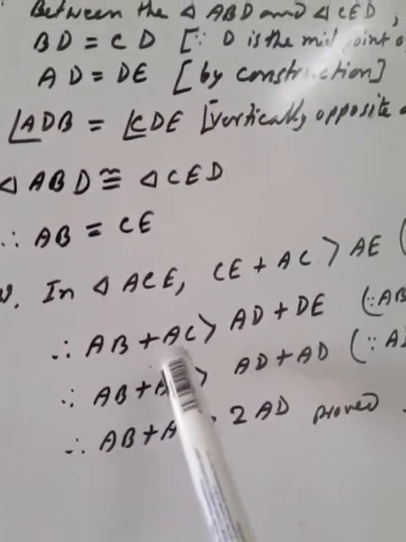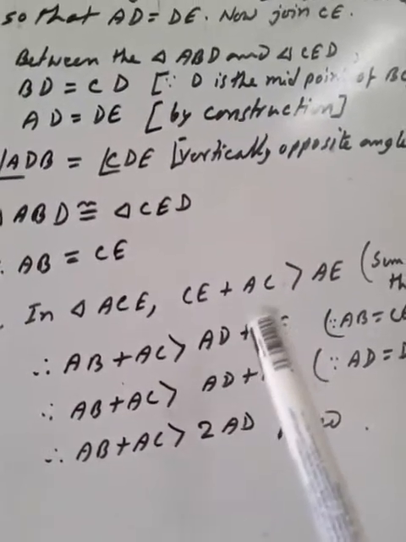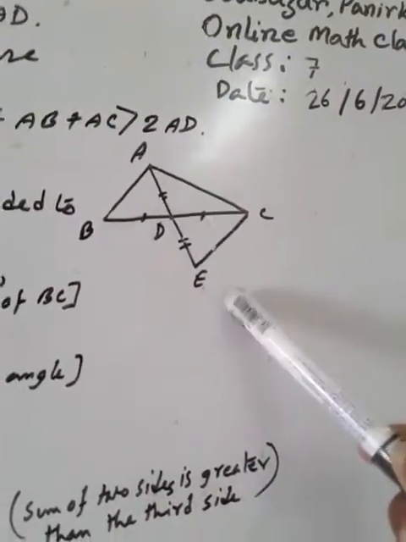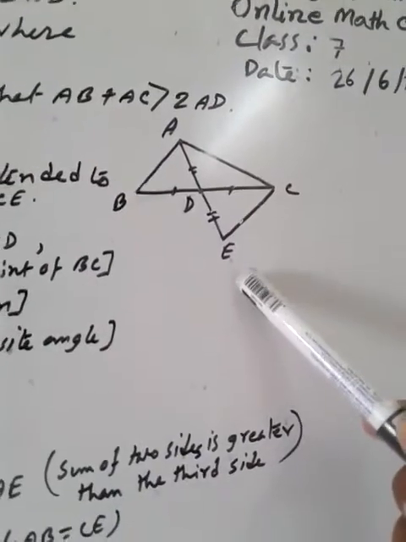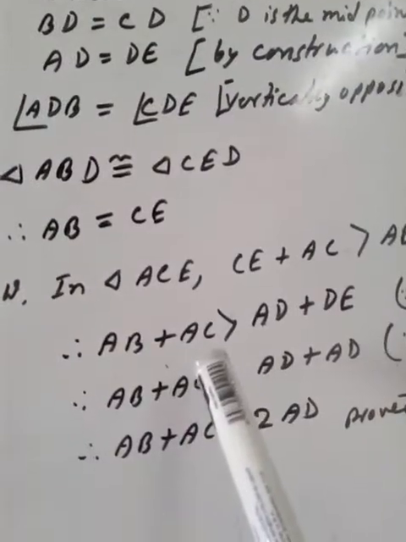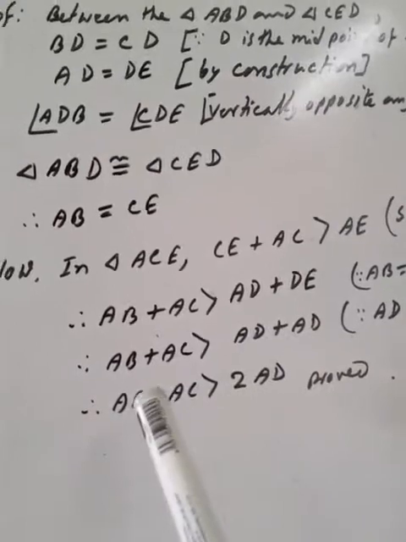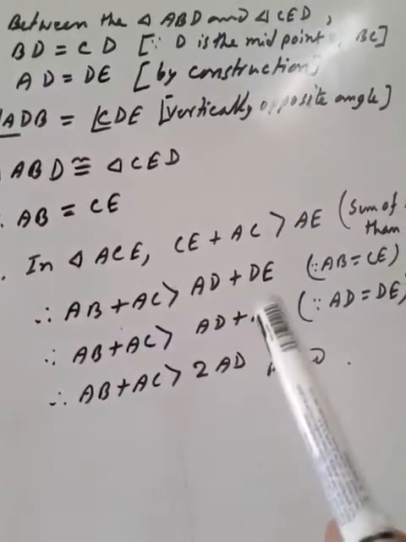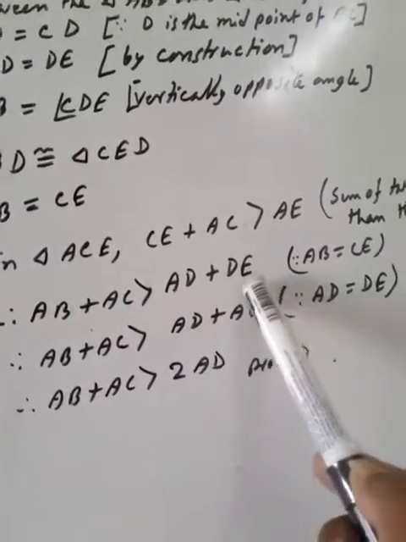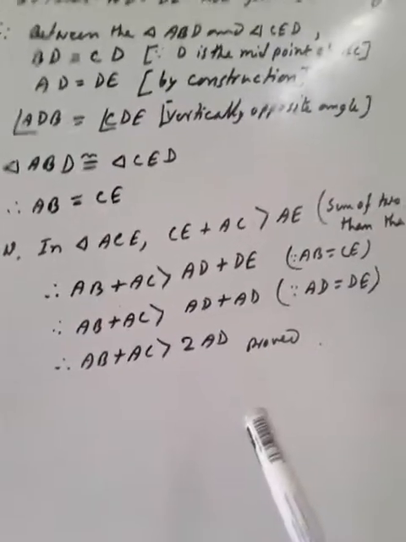AB plus AC is greater than AE. AE equals AD plus DE. See now, AB plus AC is greater than AD plus DE. Again DE equals AD. Therefore AD plus AD equals twice AD.